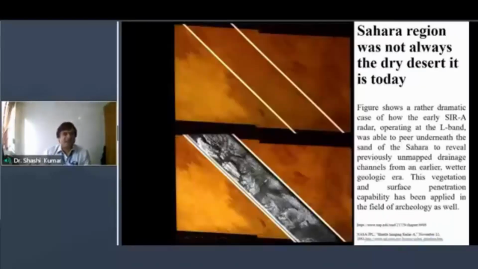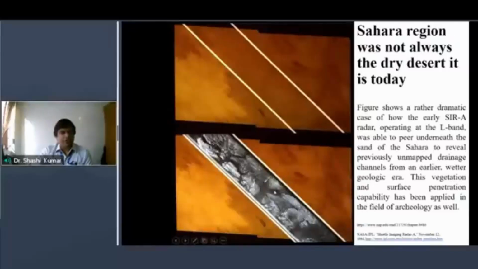Now this is another slide which is going to show the capability of the SAR dataset in subsurface feature detection. Here, if you see, this is the area of the Sahara Desert. Here, golden sand could be really detected. Here we are going to focus mainly on the middle strip, when the same strip was imaged with the help of Shuttle Imaging Radar-A, in which an L-band sensor was used.